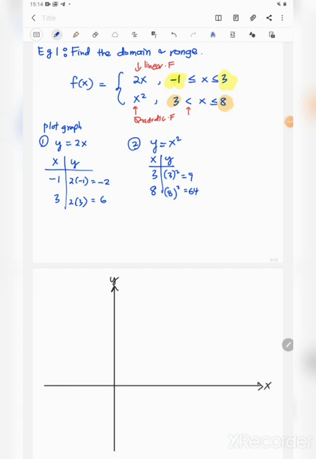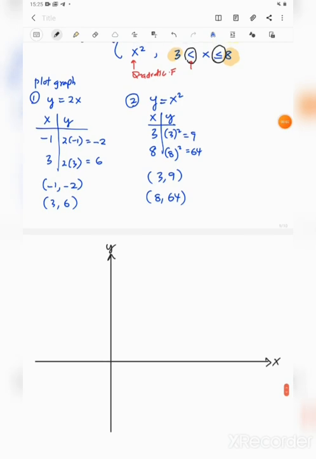Now we go back to graph number 1. The coordinates for number 1 are -1, -2 and 3, 6. For graph number 2, we have 3, 9, 8, and 64. Now we have coordinate -1, -2.